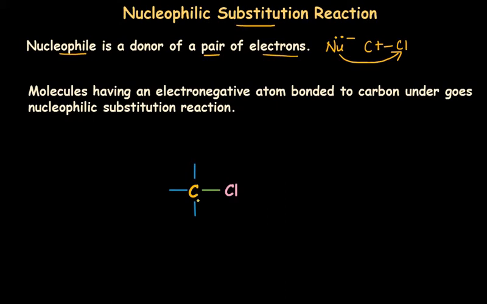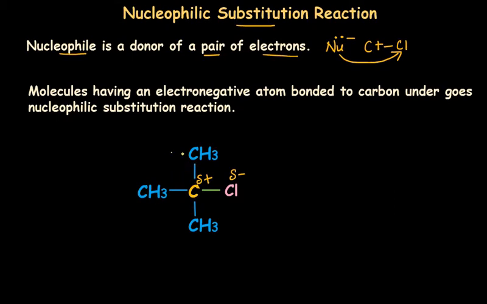When we have such a compound in which a carbon is bonded to an electronegative atom like chlorine, obviously chlorine gets a partial negative charge and carbon gets a partial positive charge. And when such a carbon is bonded to three other carbon groups, then such a compound is called a tertiary compound, because the carbon carrying the functional group is bonded to three other carbon groups.